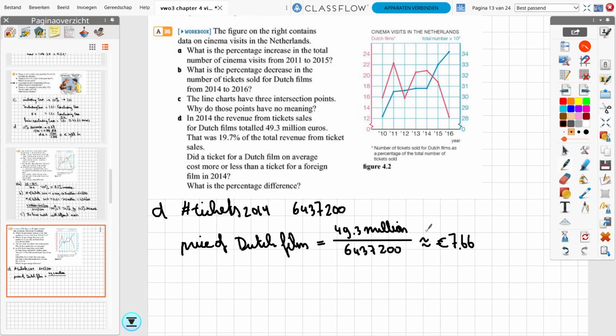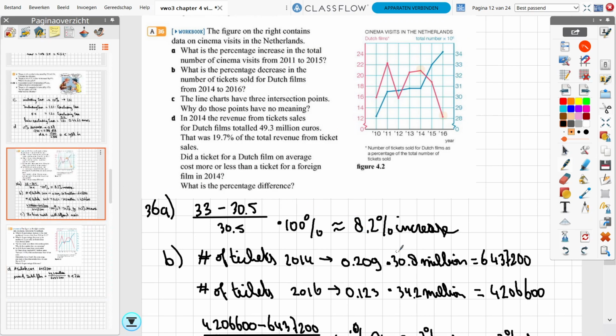Well, first of all, how many foreign films were there? Well, if I know the total amount of films we knew from here were 30.8 million. These were the Dutch amounts. So if I take this minus the Dutch tickets, I have the foreign tickets.